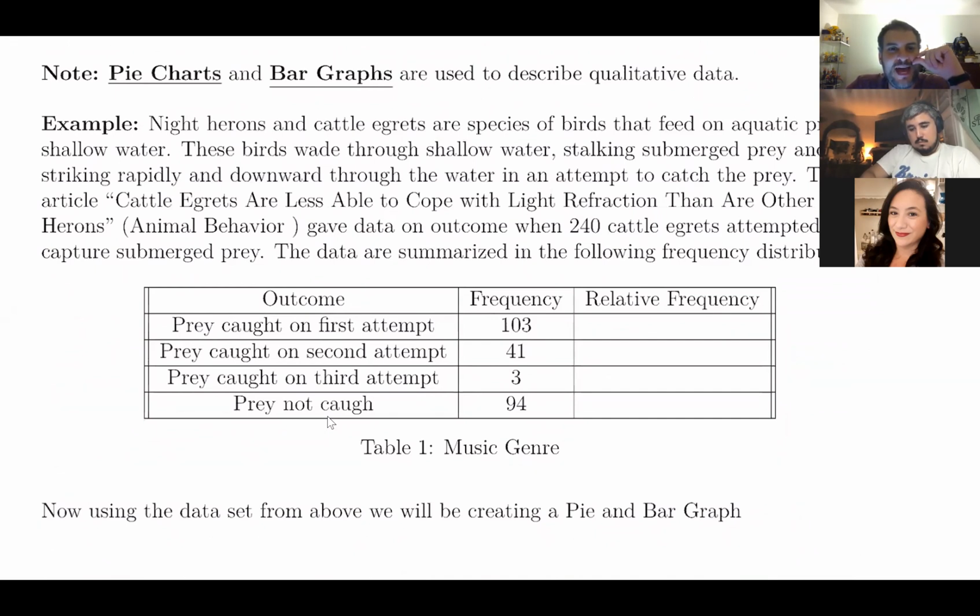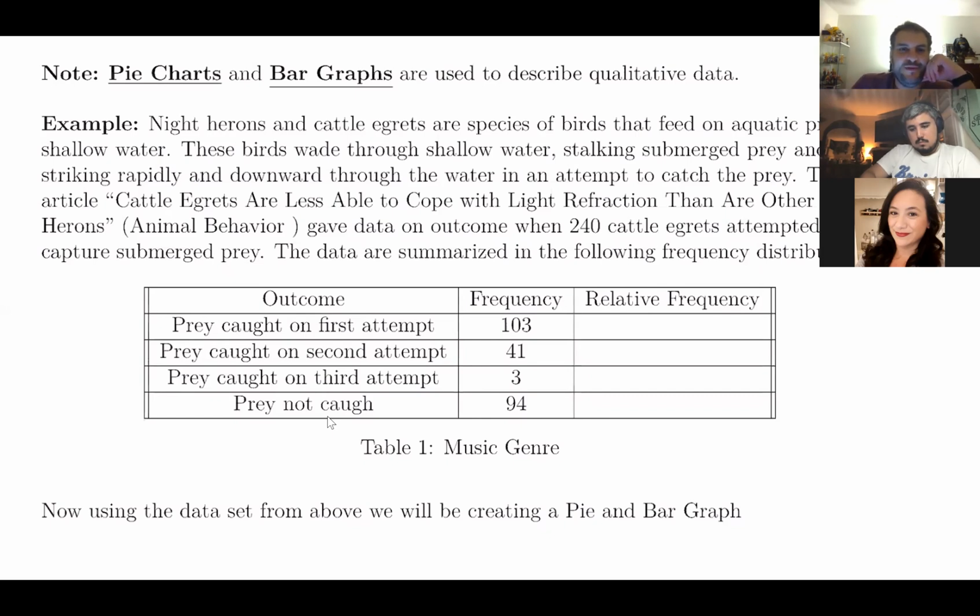The article "Cattle Egret Are Less Able to Cope with Light Refraction Than Any Other Heron" gave data on outcome when 240 cattle egret attempted to capture submerged prey. The data are summarized in the following frequency distribution.